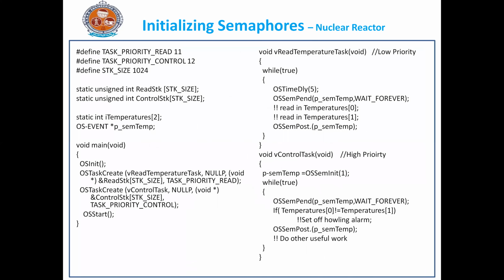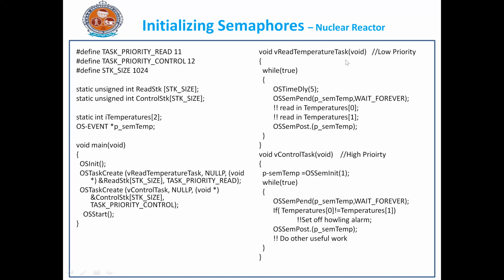This is another example of how you can initialize the semaphores, in the nuclear reactor application. If you see the task priorities here, we will be measuring the temperature at two different points. So we have two different tasks: one is called the read temperatures task and the other is called the control task.